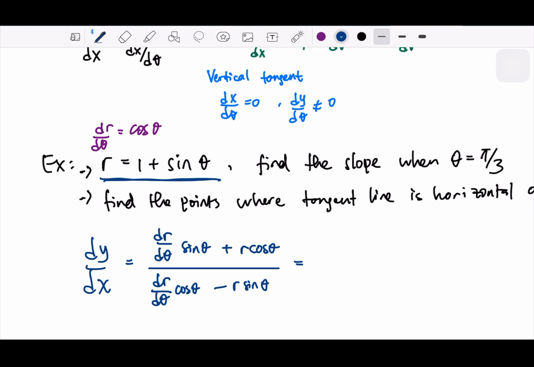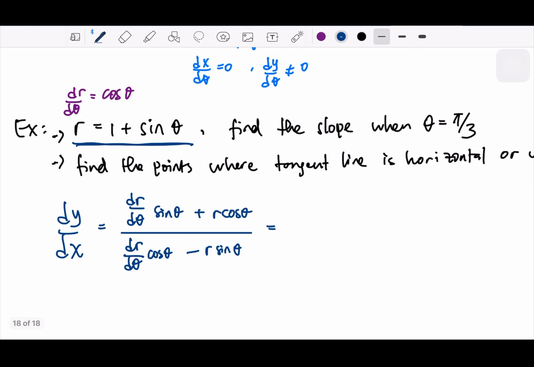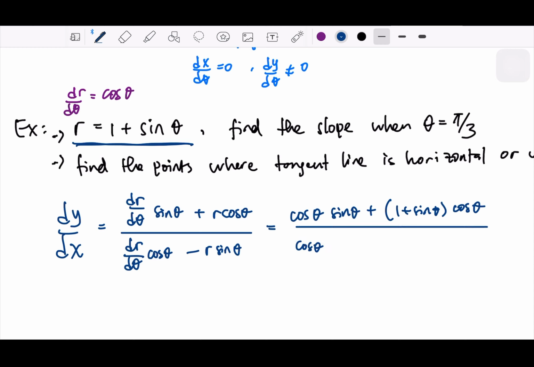So we can write into our equations, this is cos theta sine theta plus r, which is 1 plus sine theta, times cos theta, and then divide. This will be cos theta cos theta minus 1 plus sine theta times sine theta.